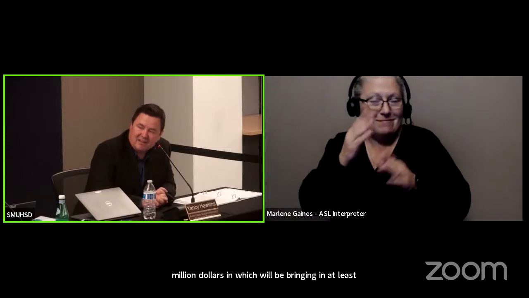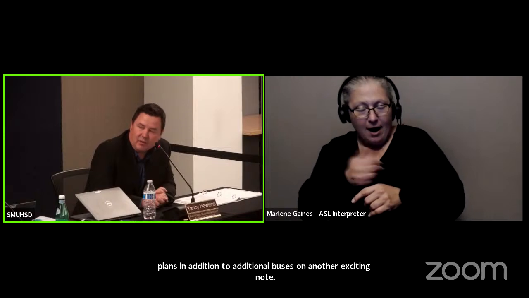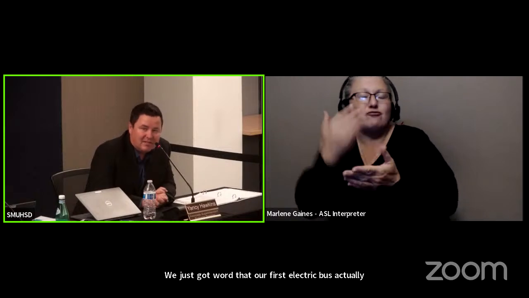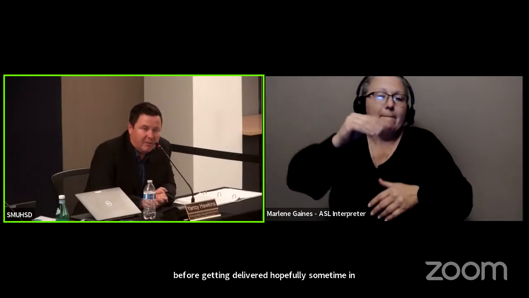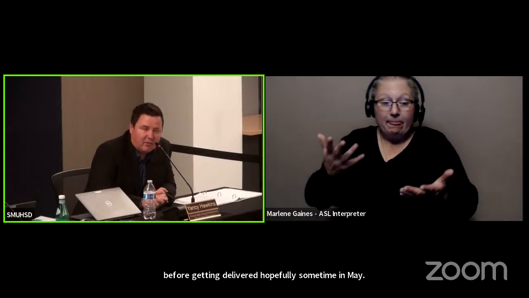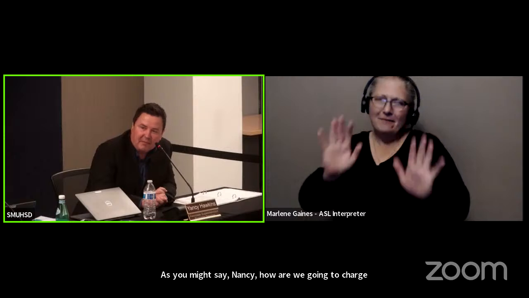On another exciting note, we just got word that our first electric bus arrived in Sacramento, and is getting its final touches before being delivered, hopefully sometime in May. As you might ask, how are we going to charge these buses? Well, this is where this item comes into play.